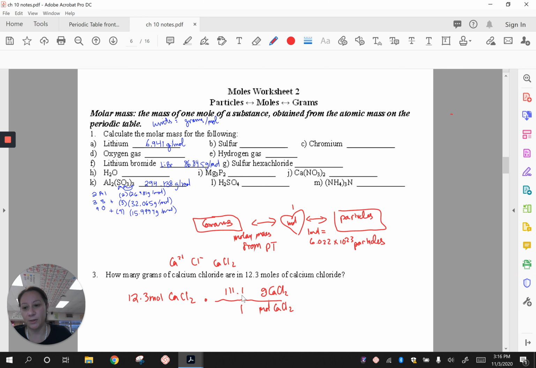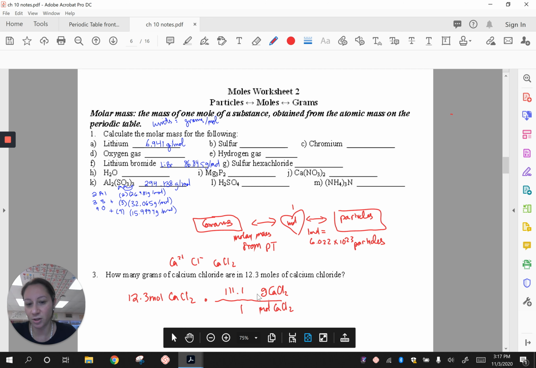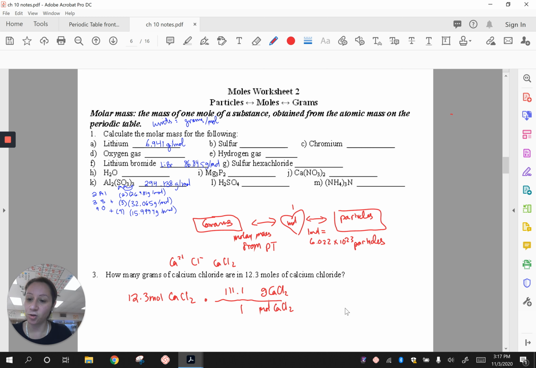I just don't want it to limit my sig figs. So if my number that I'm given is 3 sig figs, then my molar mass needs to be at least 3 sig figs. You can make it more, but at least 3 sig figs. So I chose to round to the hundredths place. That's fine. Knowing that, know that the answers that I have versus the answers that you get might be slightly different depending on the rounding, and that is okay. So as long as it's within like 1 or 2%, we're good.